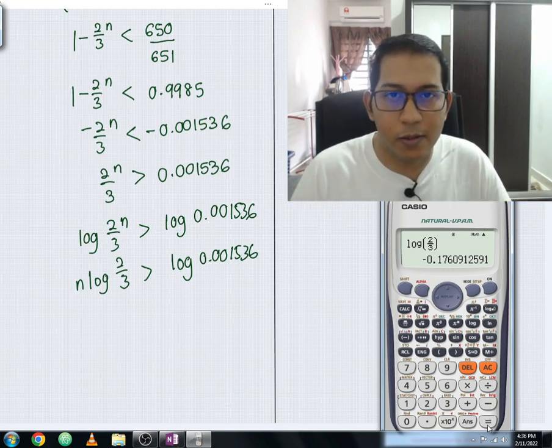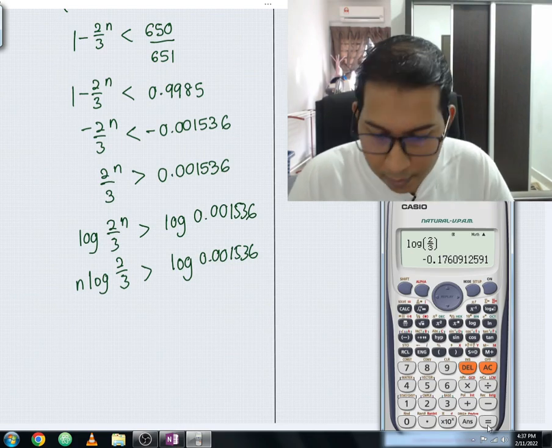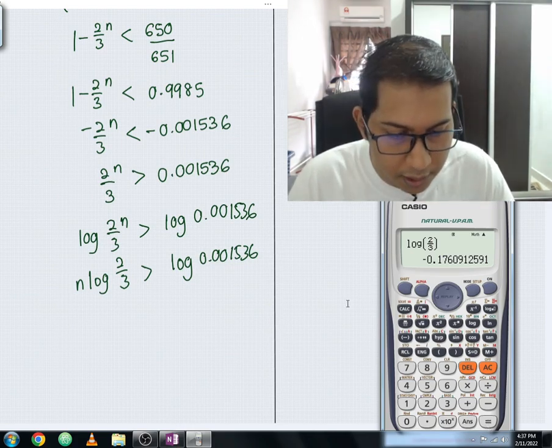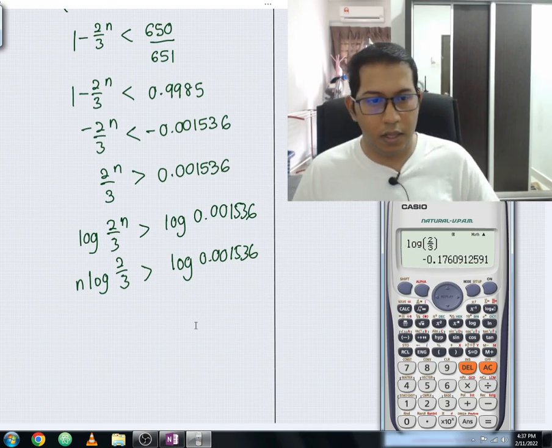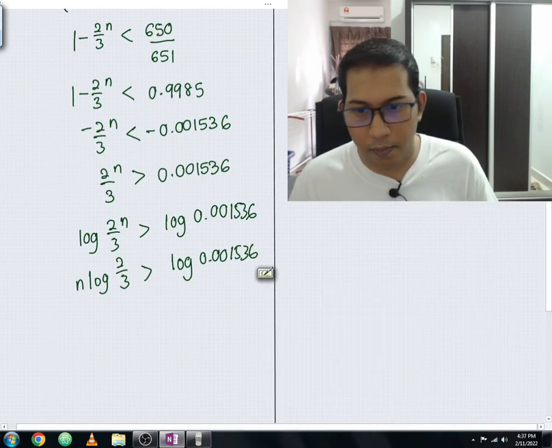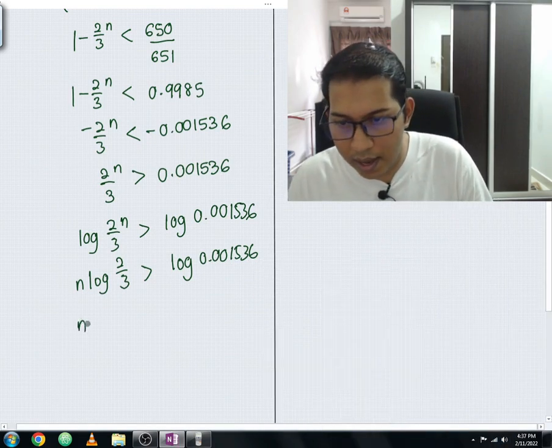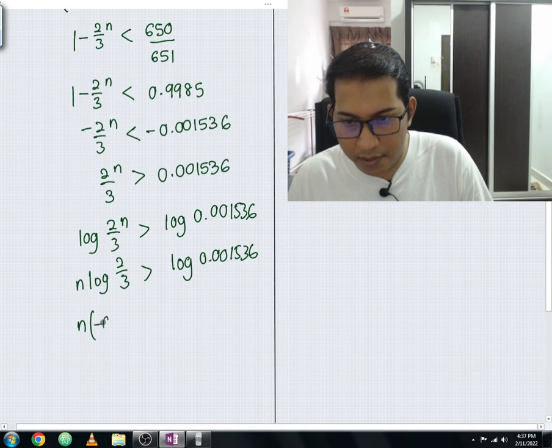We don't need to be so long, we just take up to 4 decimal places, so negative 0.1761. Minimize this. From here, n times negative 0.1761, close bracket, more than.